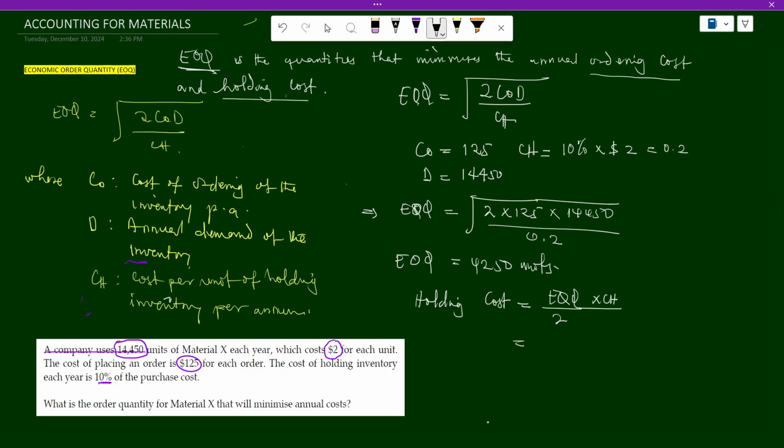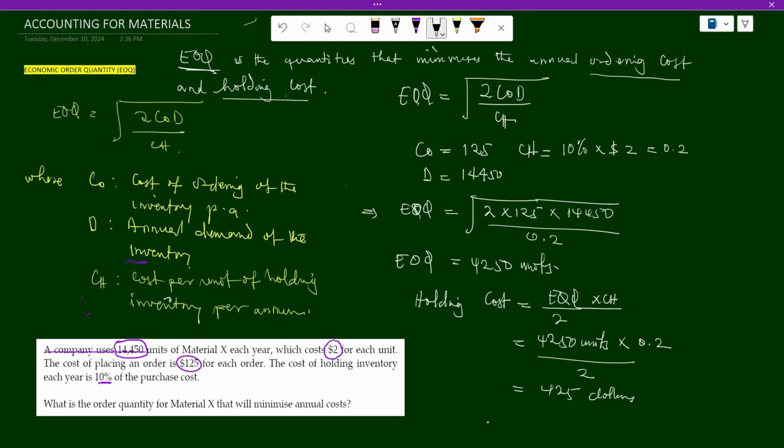We know that the economic order quantity is 4,250 units multiplied by 0.2 divided by 2. So we have 4,250 times 0.2 divided by 2, giving us $425.